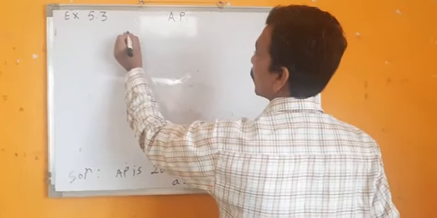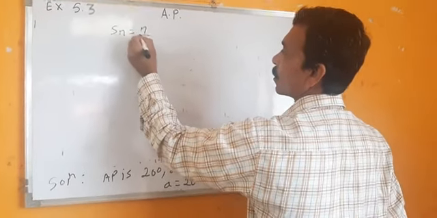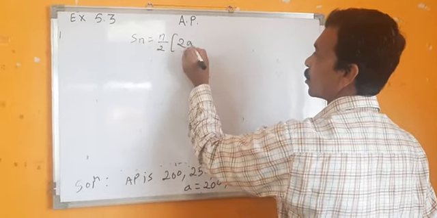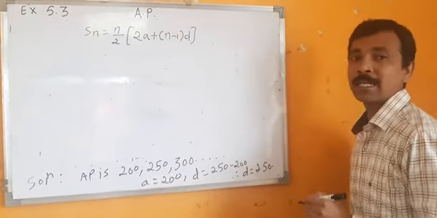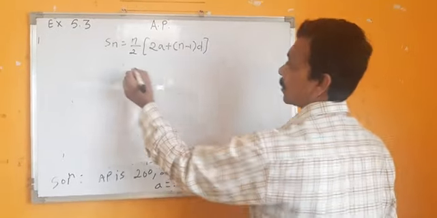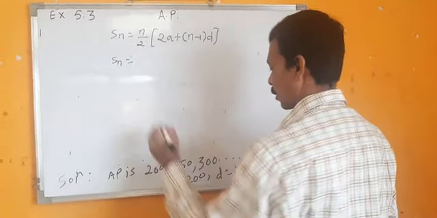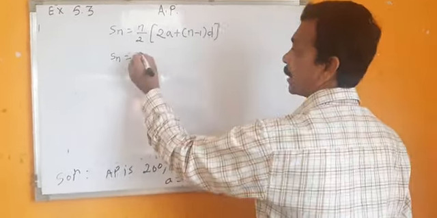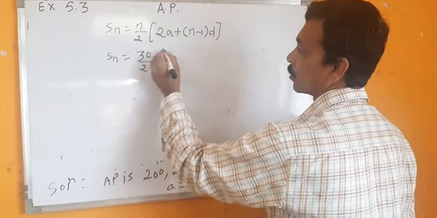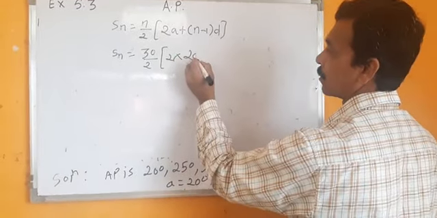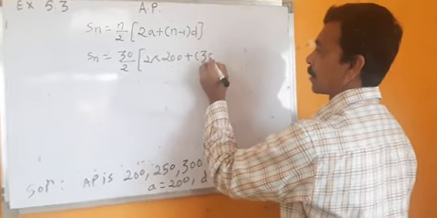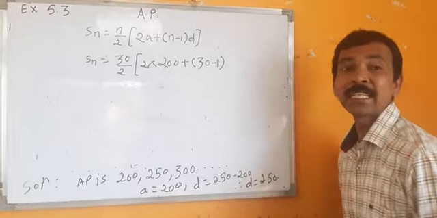Sn is equal to n by 2 into 2a plus n minus 1 into d. n is how much? 30. Sn is equal to 30 upon 2 into 2a, a is how much? 200, plus 30 minus 1 into d, which is 50.